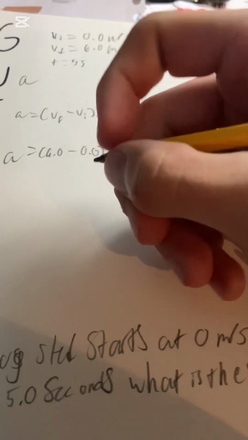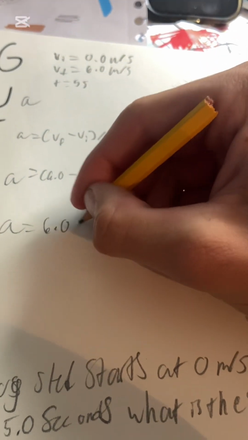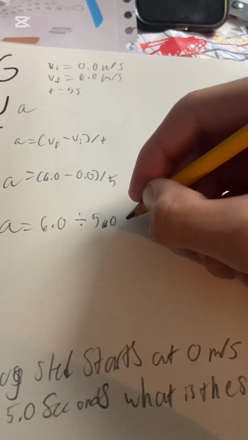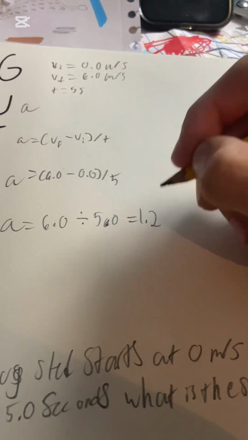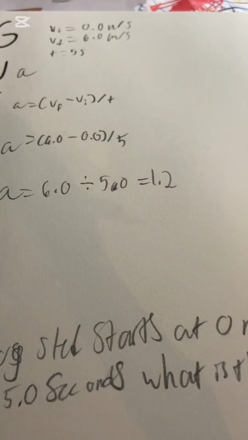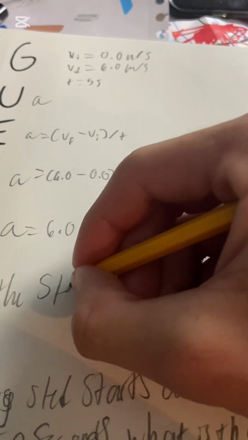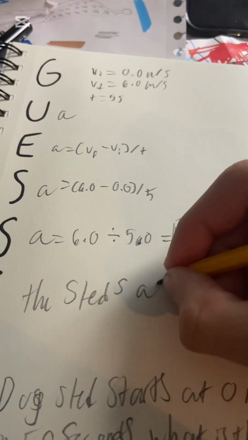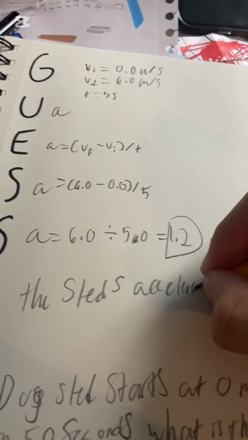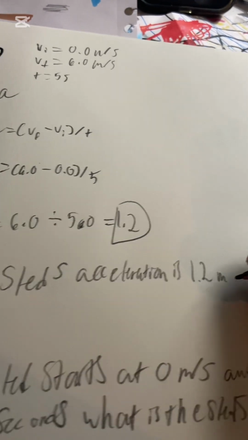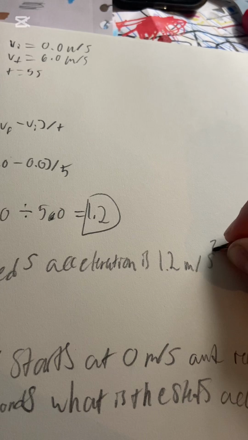And now the solution, 6.0 divided by 5 equals 1.2. Okay, so that is the final acceleration. So the sled's acceleration is 1.2 meters a second squared.